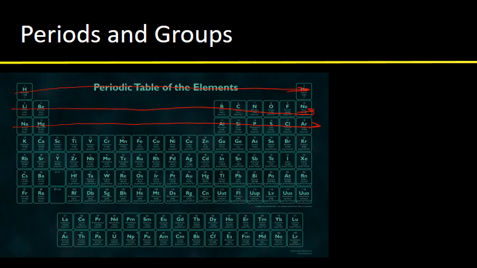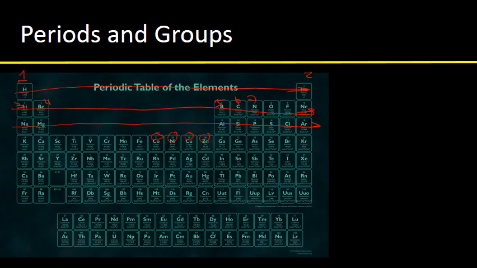And I should mention, I kind of alluded to this before, but you can tell if you look at the table, they're now organized in terms of atomic number. So if you look at the periodic table, you'll see this is atomic number 1, hydrogen, atomic number 2, helium, atomic number 3, 4, 5, 6, 7, and so on and so forth, all the way across the whole table.